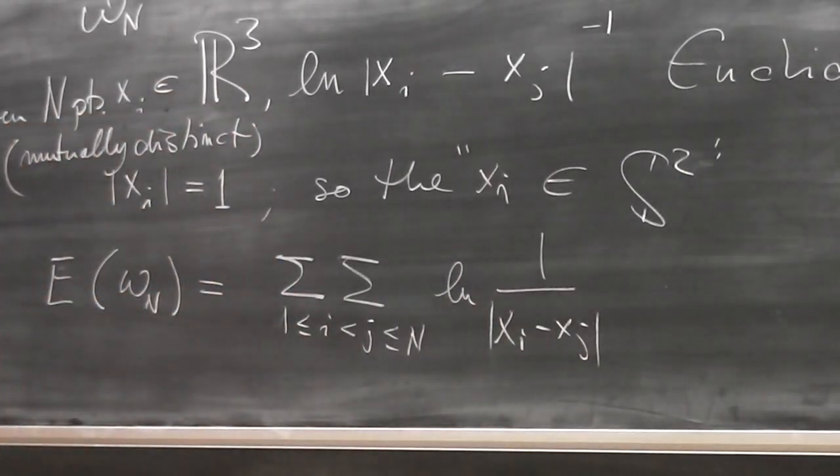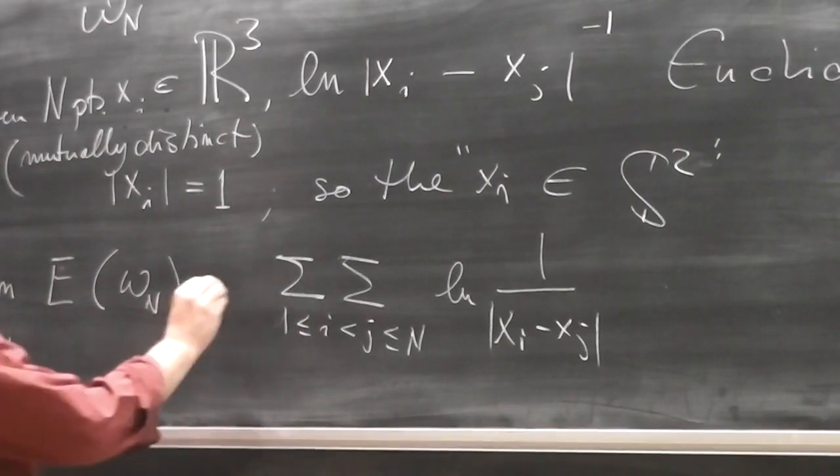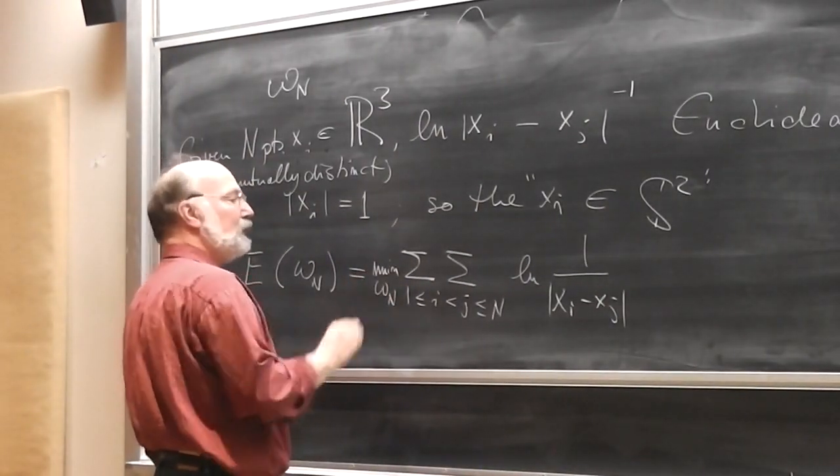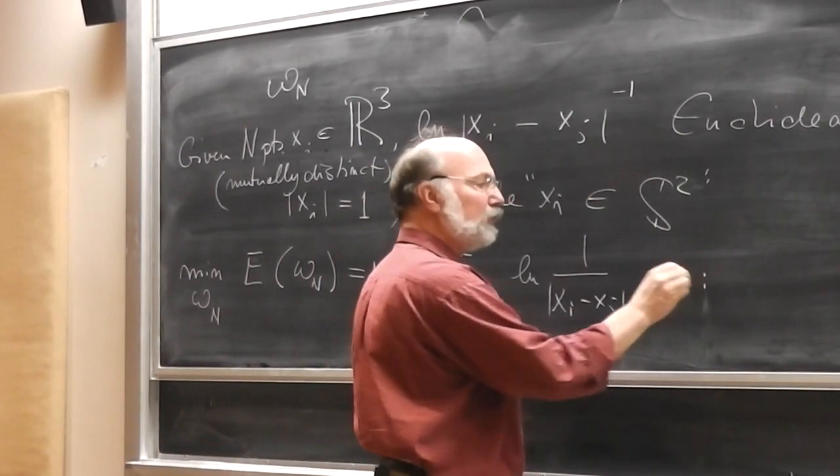So this is the energy of such a configuration. And now what we would like to do is find the minimum over all possible omega n of this. And there is always a minimum.